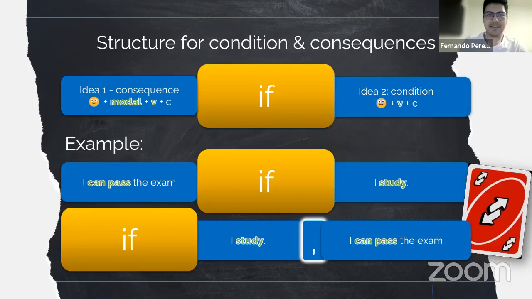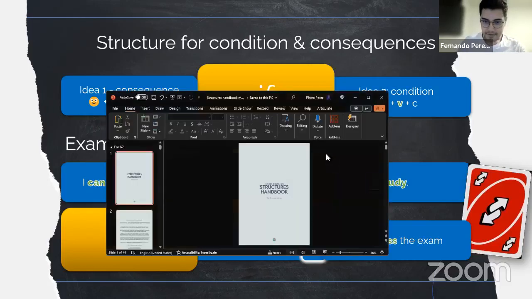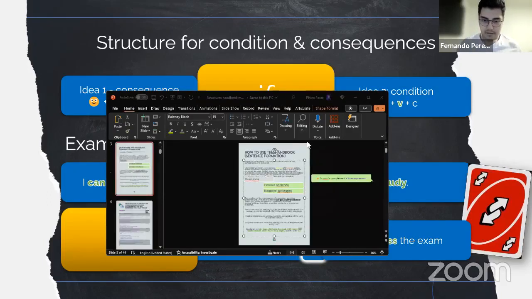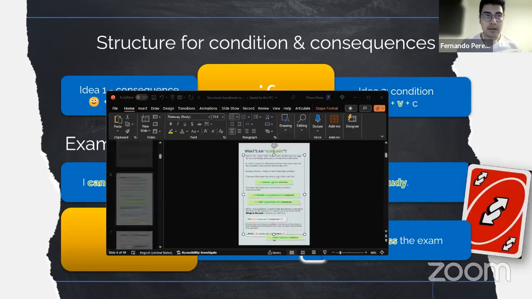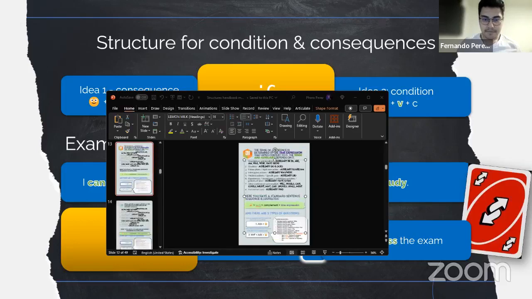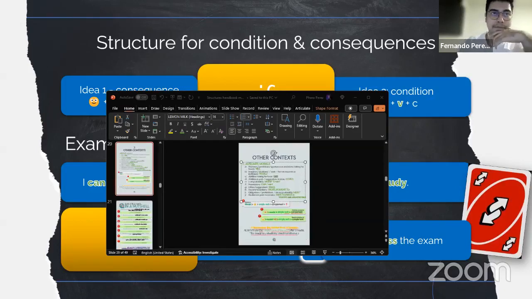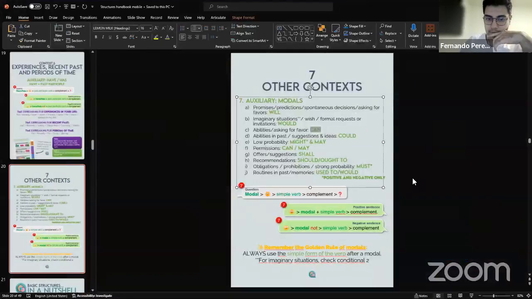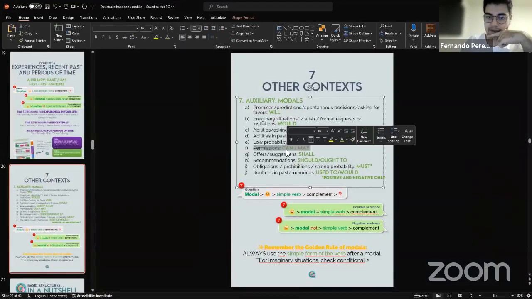Let me open the structures handbook. Can is for permissions. So if you have an assistant, what do you have the permission to do?